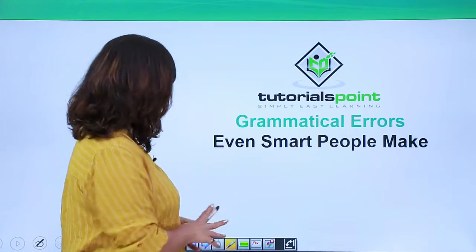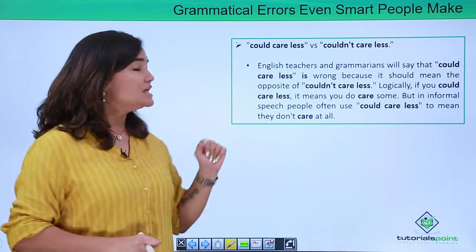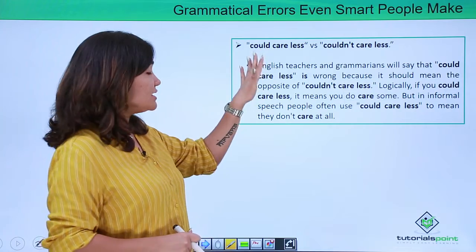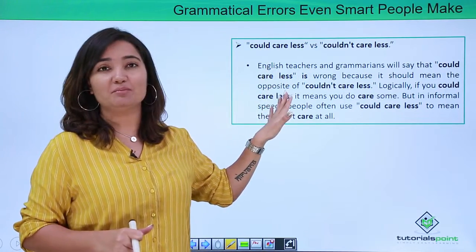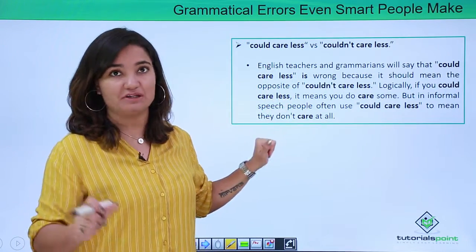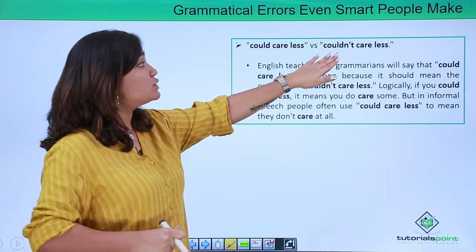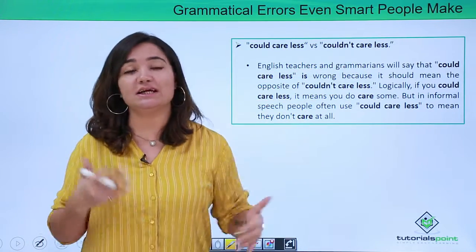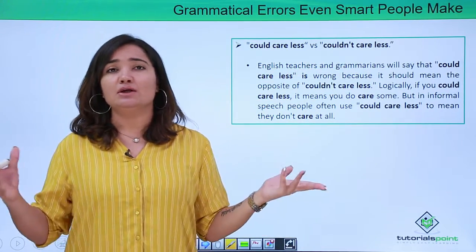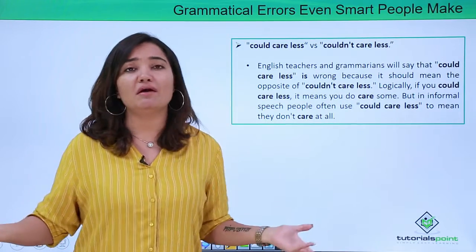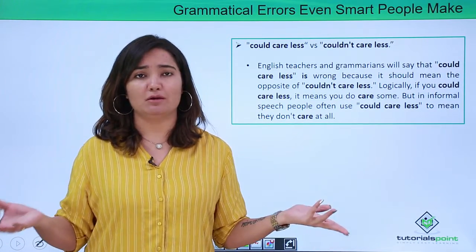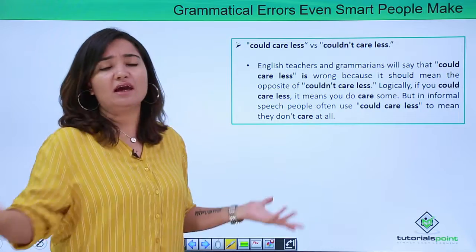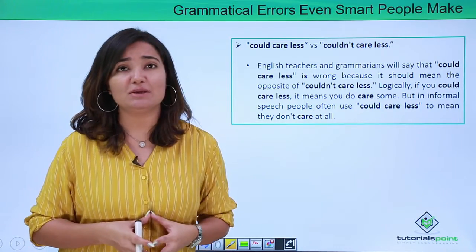Let's go ahead. Okay, so this is a very commonly mistaken pair of expressions. This is "couldn't care less." "Couldn't care less" actually means that you don't care about any particular thing that you're talking about, or I don't give a damn. That is what it actually means.